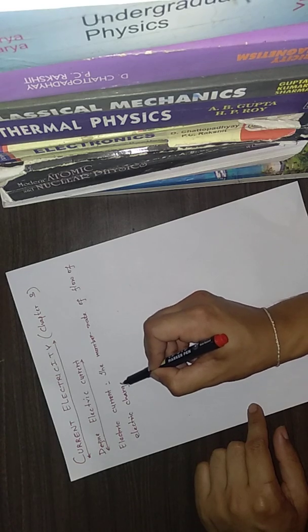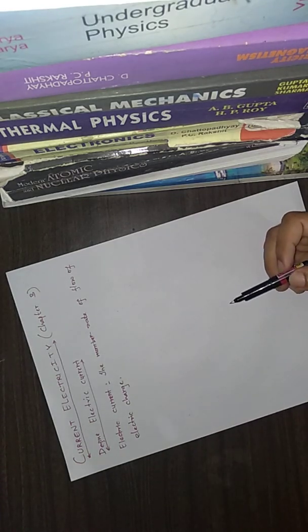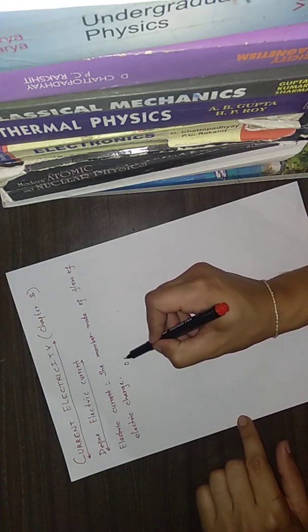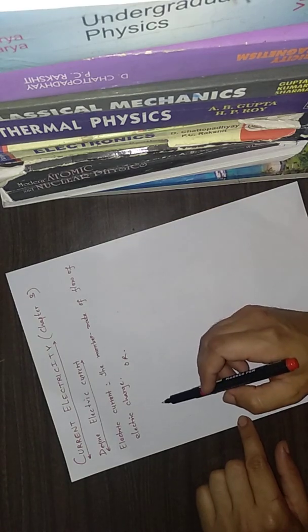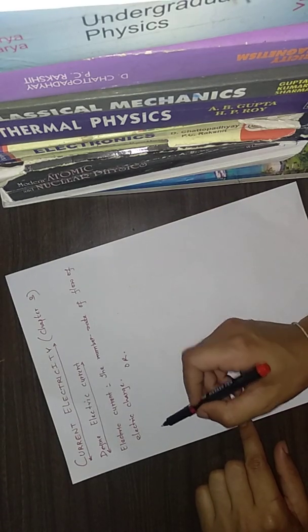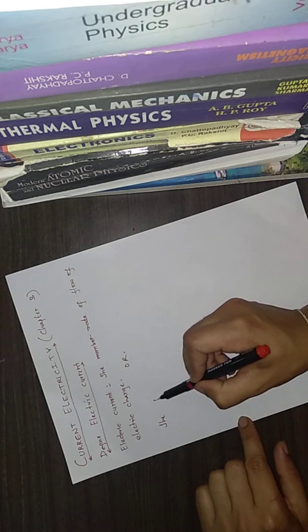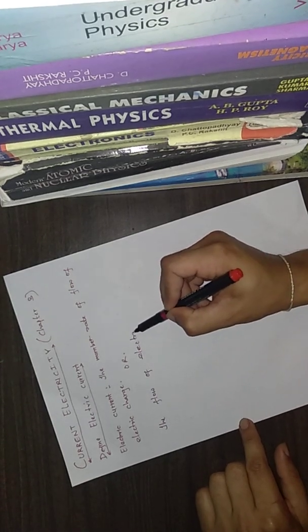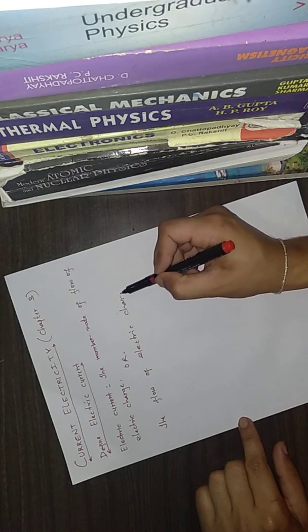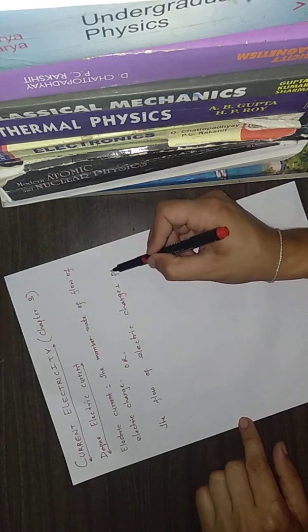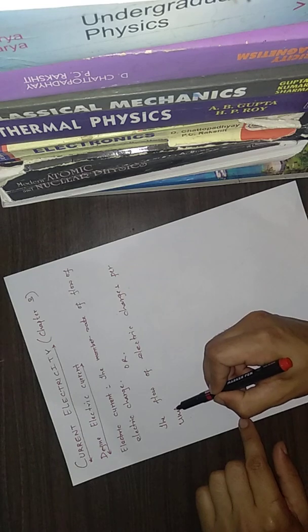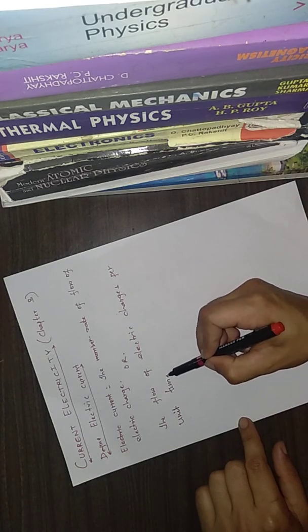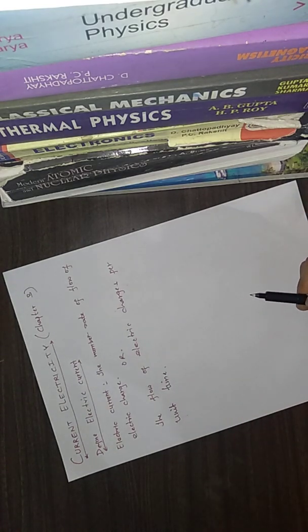So the rate of flow of electric charge is also known as electric current, or you can define it another way, that is the flow of electric charges per unit time is your electric current.